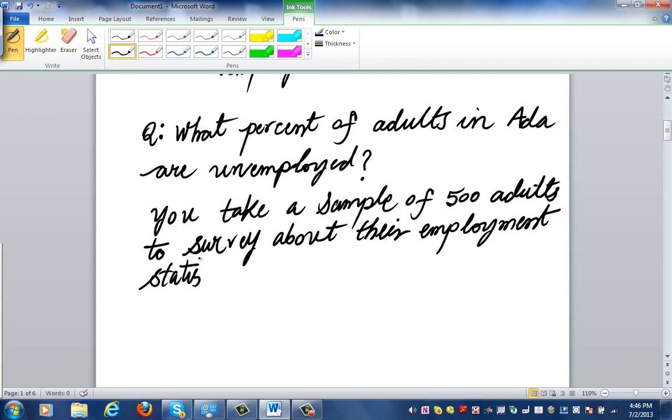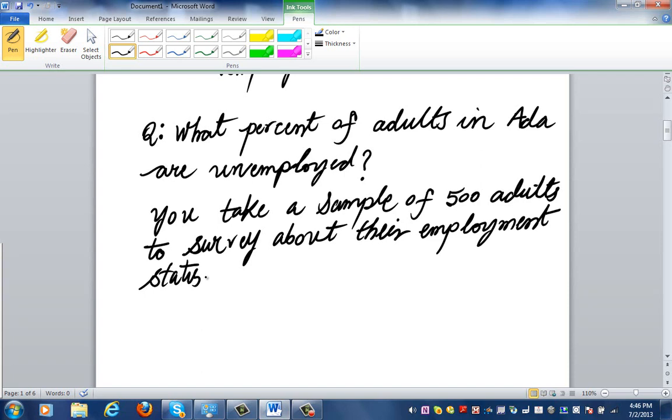So the variable we are studying here is the employment status of adults in Ada, and the population units are the adults in this case.